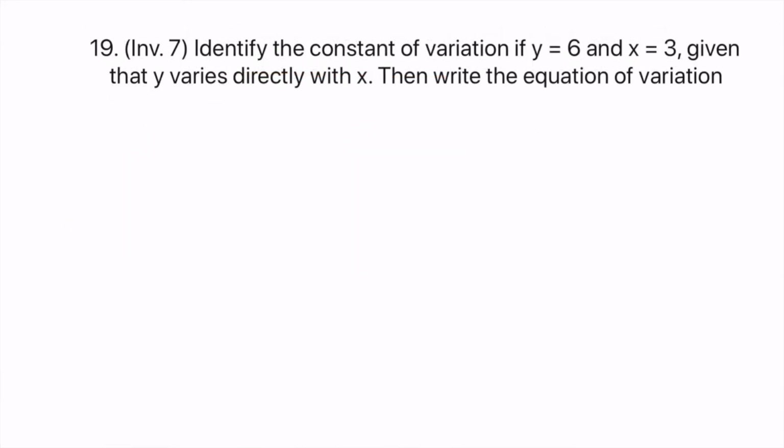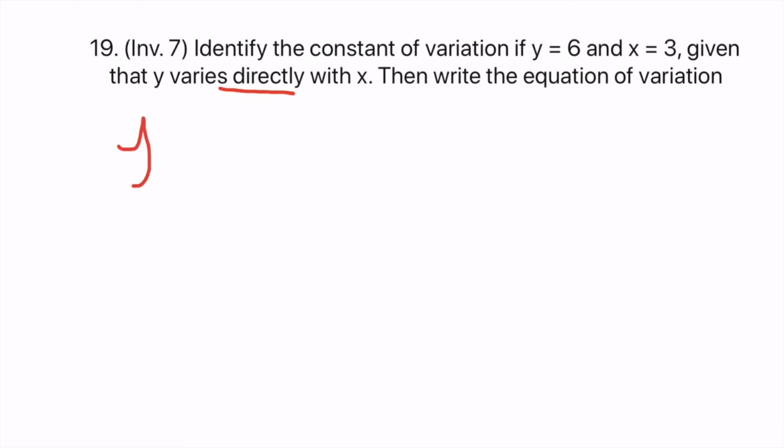Number 19 is from Investigation 7, but I know it's been in other lessons too. So it says identify the constant of variation if y equals 6 and x equals 3, given that y varies directly with x. Then write the equation of variation. So y varies directly with x.